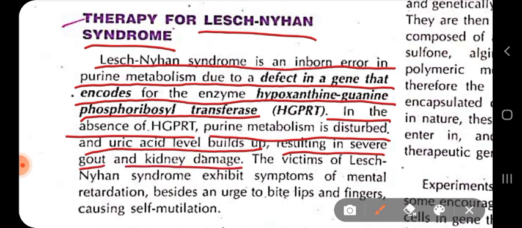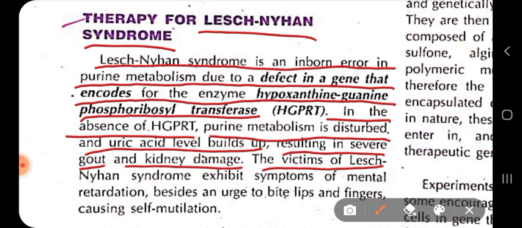So as purine metabolism is inhibited due to the absence of this enzyme HGPRT, what will happen? There will be accumulation of uric acid, and that results in severe gout and kidney damage.